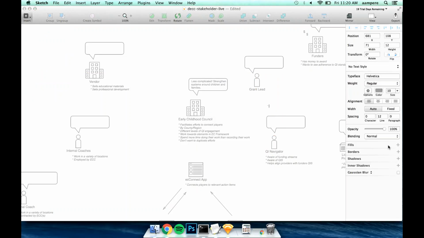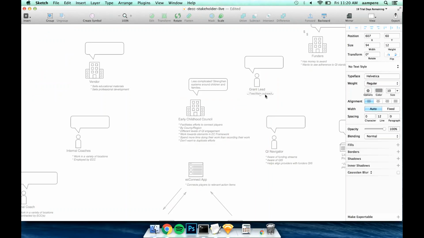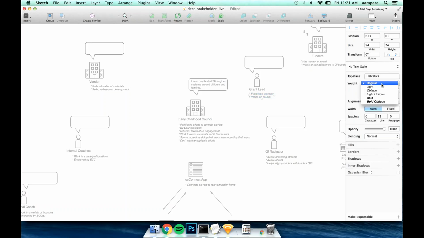Well, that's where it's going to get a little hard, because I think sometimes it depends on the council. I'm the grant lead for my council, but my QIN is the one facilitating outreach, so it may vary. Is it true that the QIN is performing the outreach, but the grant lead is planning the outreach, or is the navigator really doing both planning and performing?